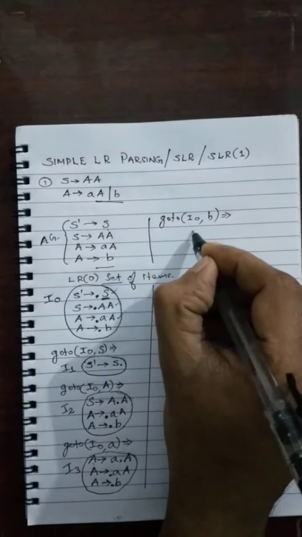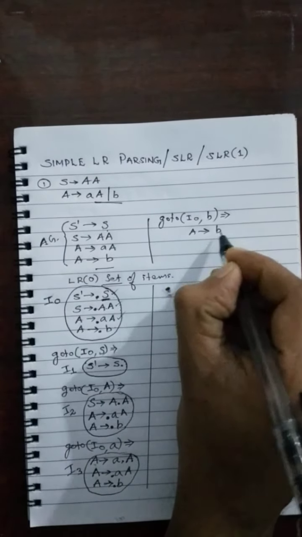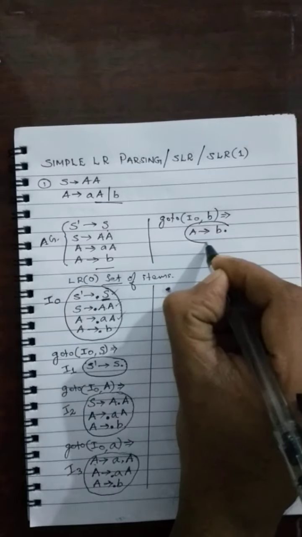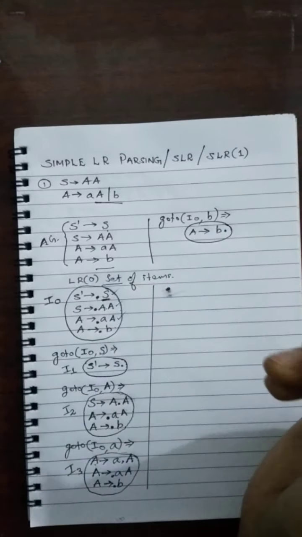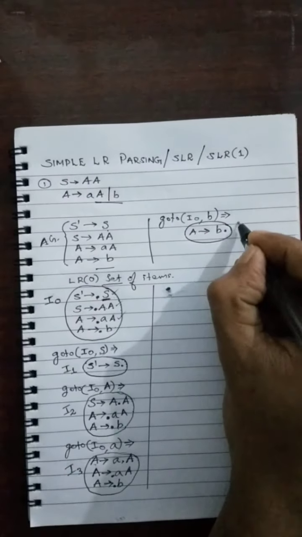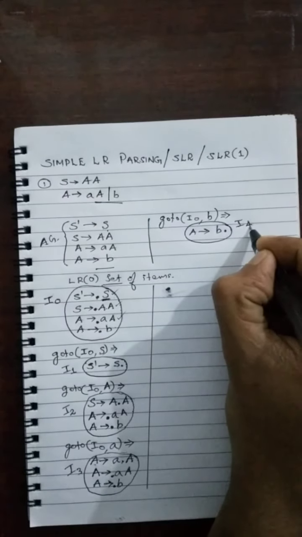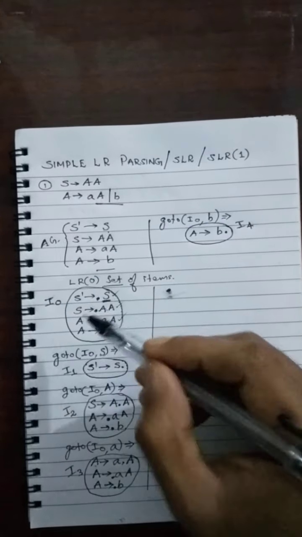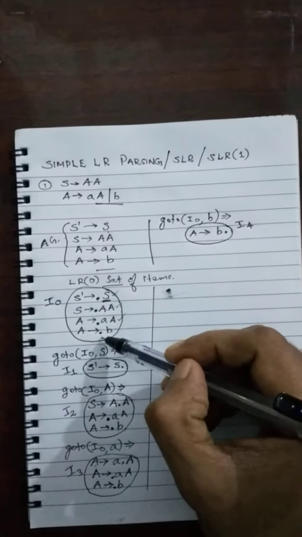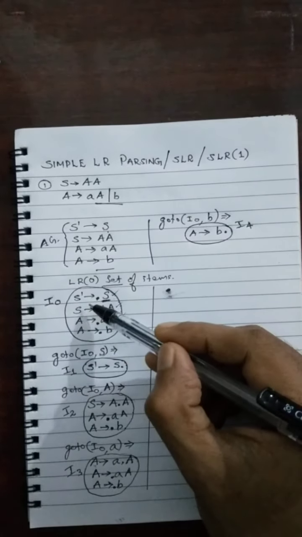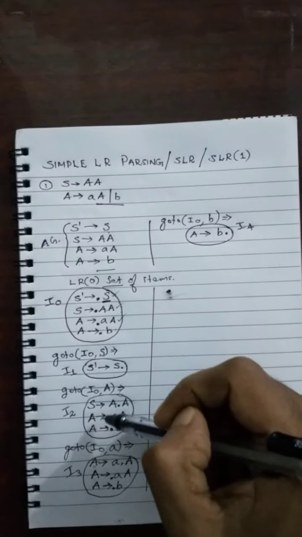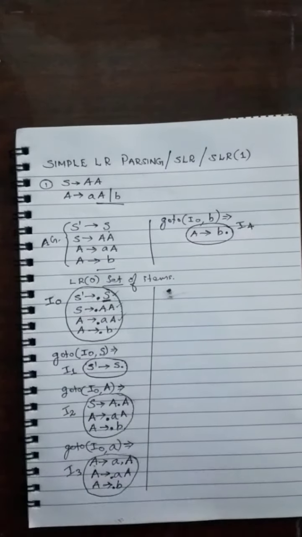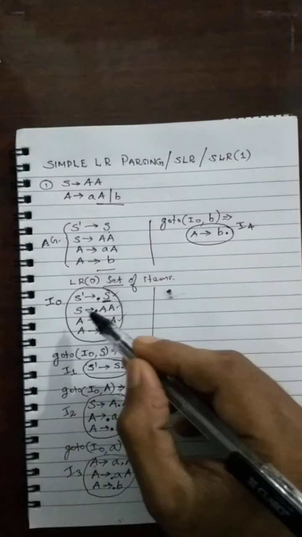What we have is A producing B dot. So the dot is moved one step to the right. Now this becomes a new set of items. We call this I4. Great. Now we have used all the productions from I0 and we have encountered I1, I2, I3 and I4, right? So there are no further transitions possible from I0.